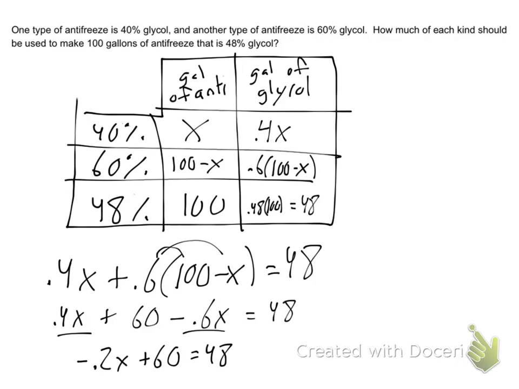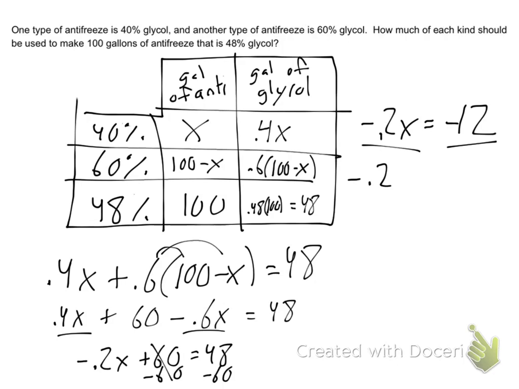Oh, Mr. Konchak, I don't like negative values on my variables. That's okay, though, because I'm going to subtract 60, and when I subtract 60, that side is also negative, so it's negative 0.2x equals negative 12. Divide by negative 0.2.